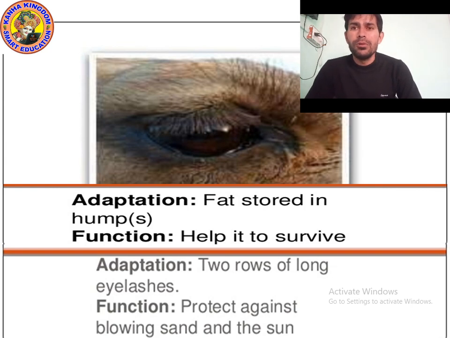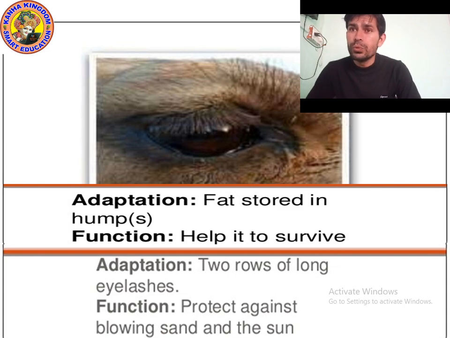And now look at the picture of the eye of the camel. As you can see in the picture, they have long hair around the eyes. Their eye is surrounded by long hair.